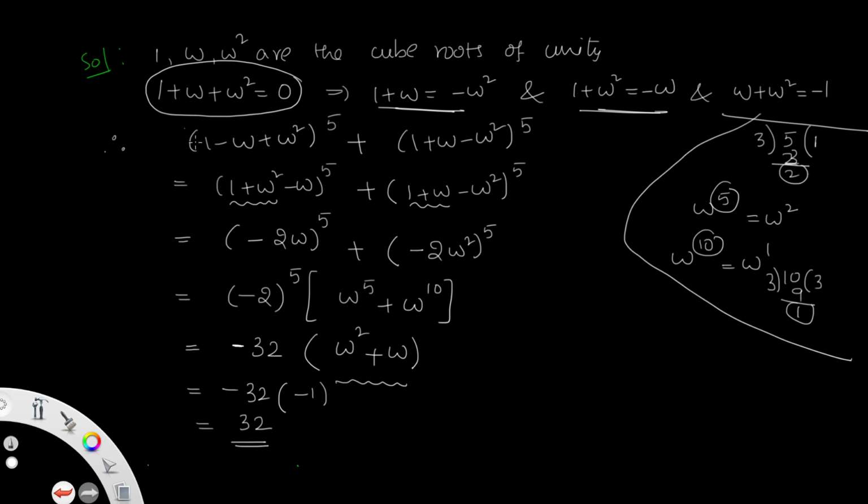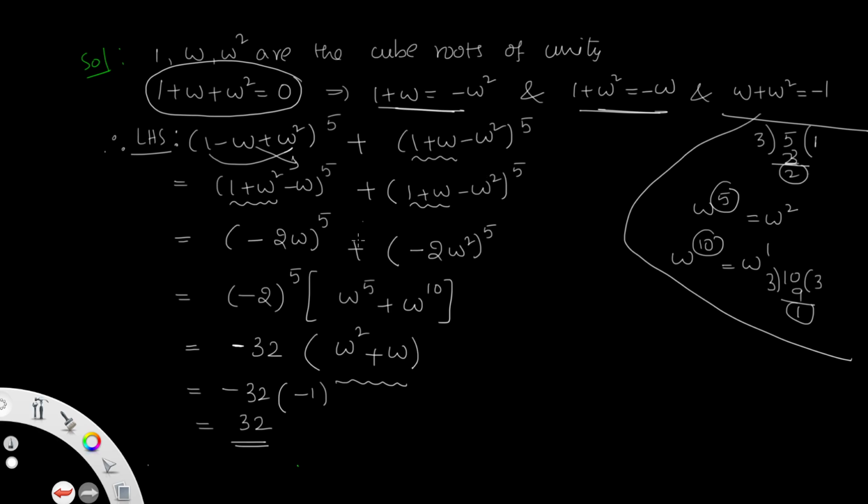So the LHS is given: (1 − ω + ω²)^5 plus (1 + ω − ω²)^5. Since 1 minus ω is not there, we can rearrange this: 1 plus ω² minus ω as it is, that is minus ω, and next 1 plus ω is the same thing, minus ω². We know that value.